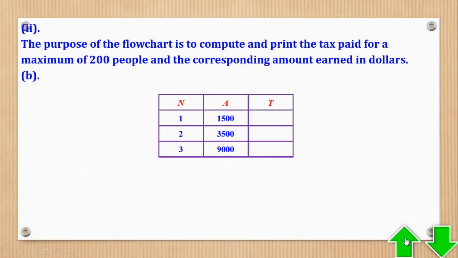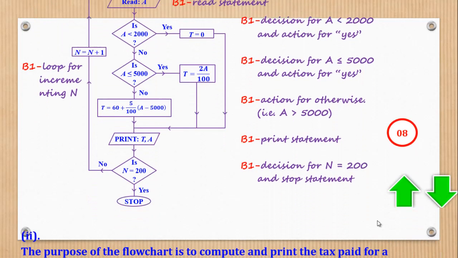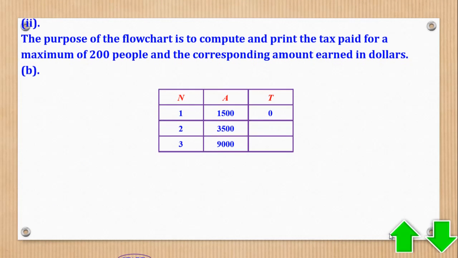So I'll come here and ask myself, where does it take me? I've got here 1,500. So where do I go? I should go in the yes. So from here I'll go to yes, where t is equal to 0. Therefore I'll come here and say that my t is 0. What about when I read and it is 3,500? I'll go back here.